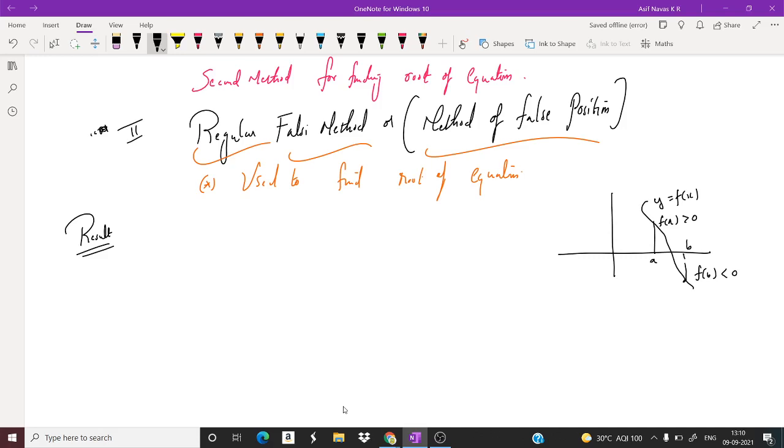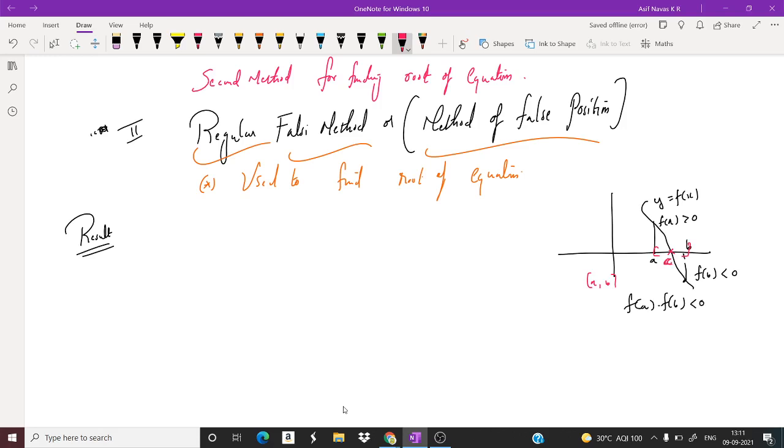So f of a positive, f of b negative. Therefore, f of a into f of b is negative. Or either f of b positive and f of a negative, their product is negative. Then it's sure that in the interval a and b, there is a root.